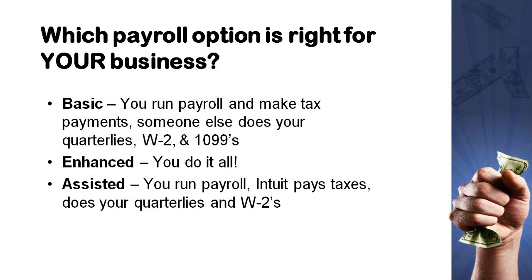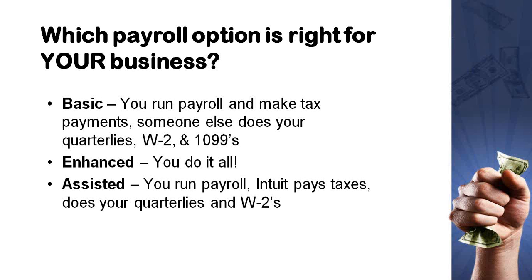Knowing which payroll option is right for your business is often a hard decision, especially when you use QuickBooks Desktop, because you do have options. You get to choose from basic payroll subscription, where you run the payroll and make your tax payments, but someone else does your quarterlies, your W-2s, and your 1099s at the end of the year.